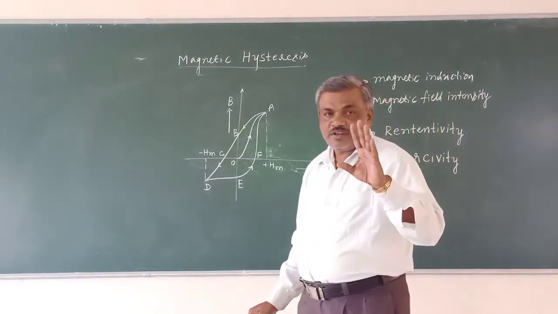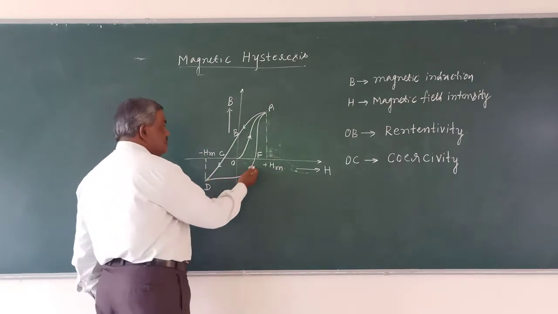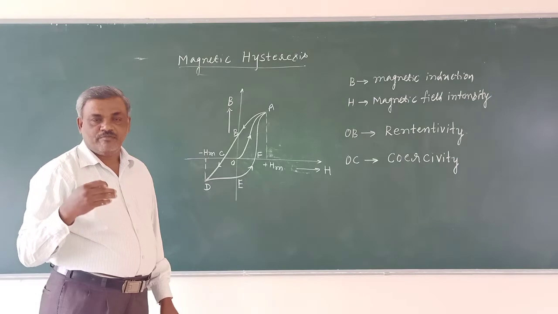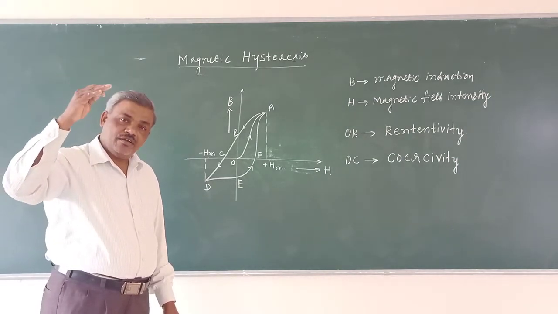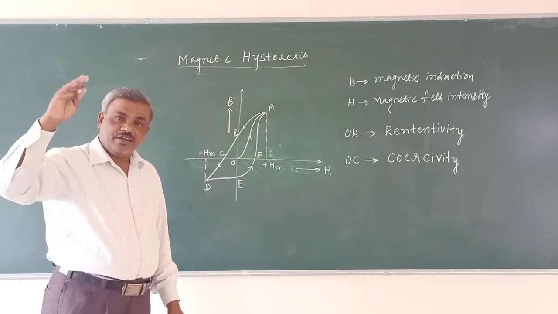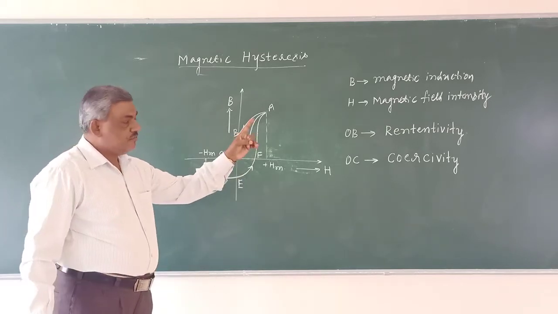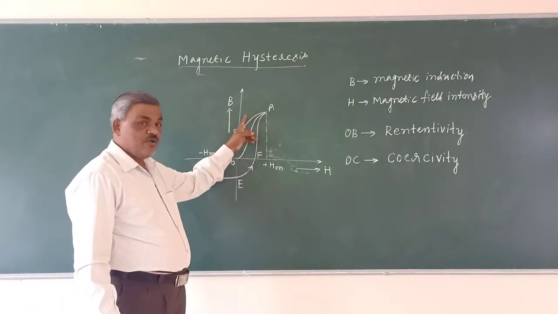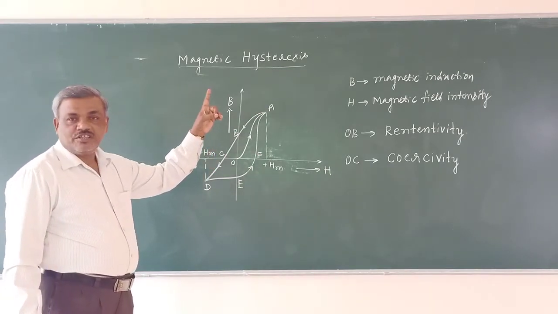When a ferromagnetic material is taken through a cycle of magnetization, the resulting loop is called the magnetic hysteresis loop.